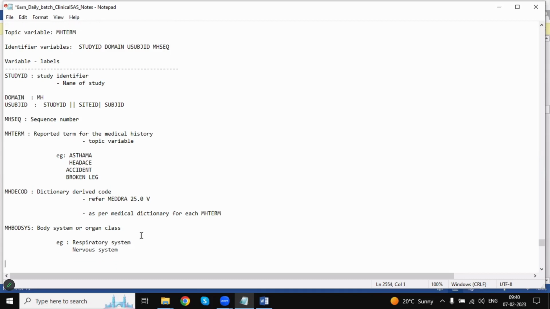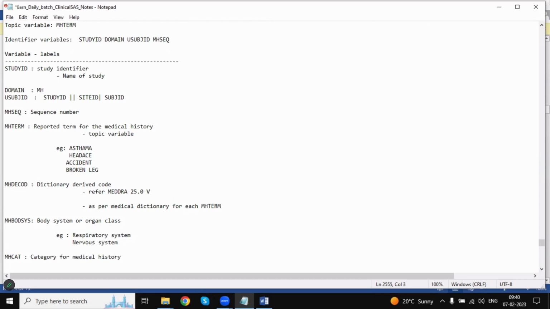Next, MH category. Category for medical history. It means based on the terms, the medical problems you may have, if you have information about the categories, you can divide into categories also. Generally, headaches and fever come under the general category.